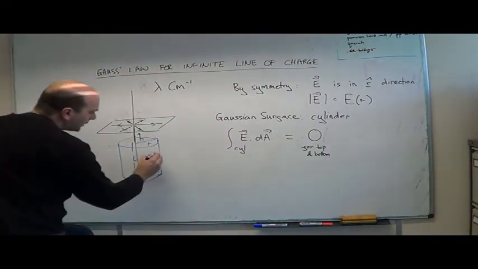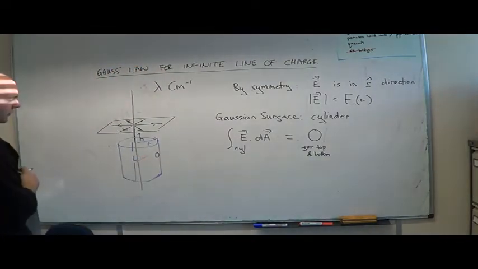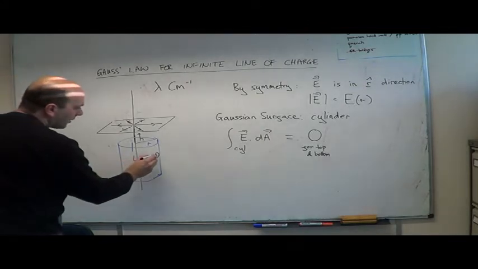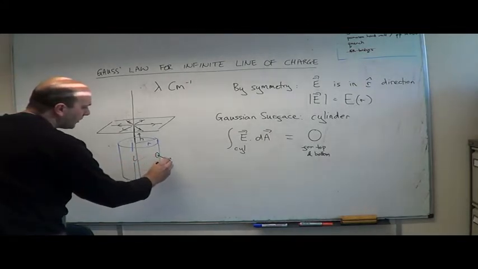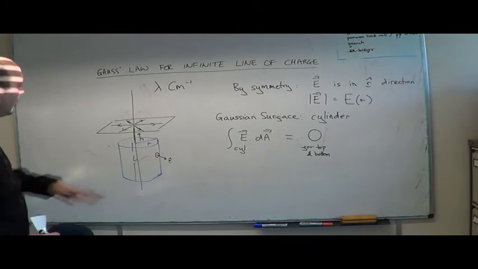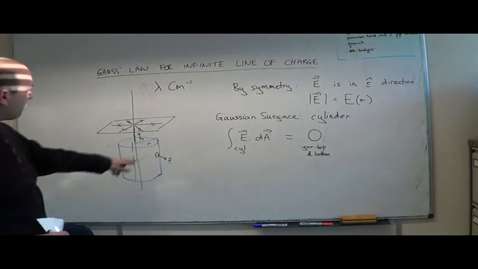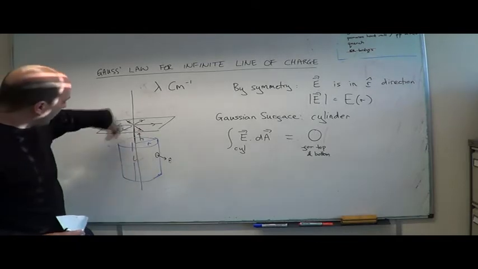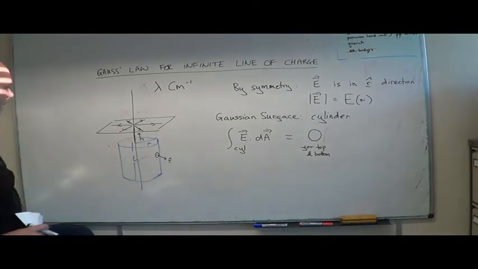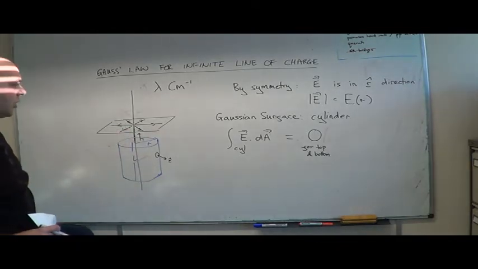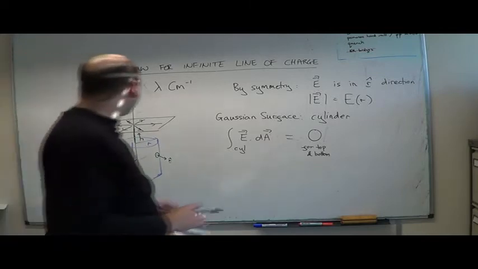If I think about little dA elements on the surface of the cylinder, then their vector is also going to be pointing in the r hat direction, the same direction as the electric field. So the dot product between the electric field and the area around the cylinder will just give me a cosine of 0, which is 1.